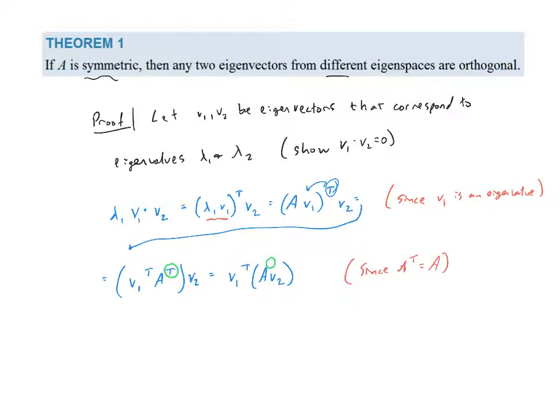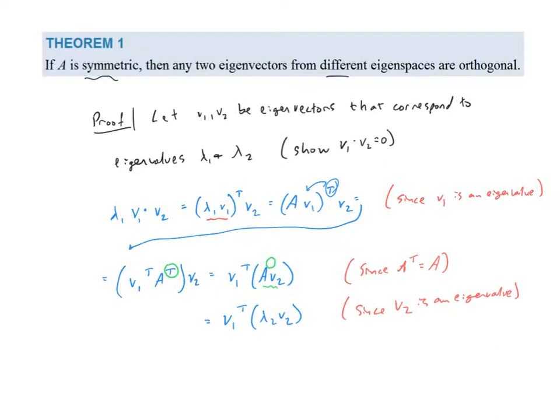All right, next equality. This is equal to v1 transpose times lambda 2 v2, right? We're substituting that eigenvalue relationship, A v2 equals lambda 2 v2. And this is my reason here, since v2 is an eigenvector.